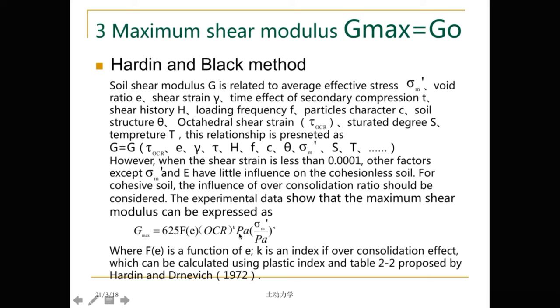PA is air pressure. Then times sigma m prime divided by PA powered by n. Here, the function F is a function of water ratio, and k is the index of over consolidation effects, which can be determined using the plasticity index and the table proposed by Hardin and Black.